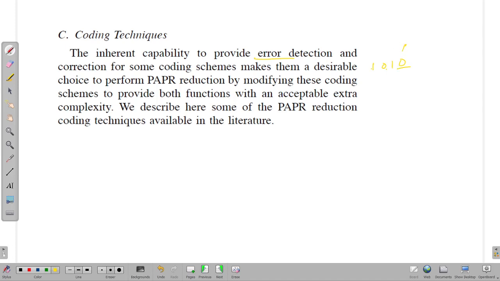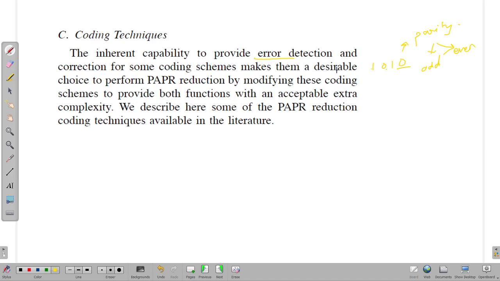It could be a parity bit, odd parity or even parity. You are adding additional bits in such a way that the additional bits don't carry any information. What they do is help in reducing the error.